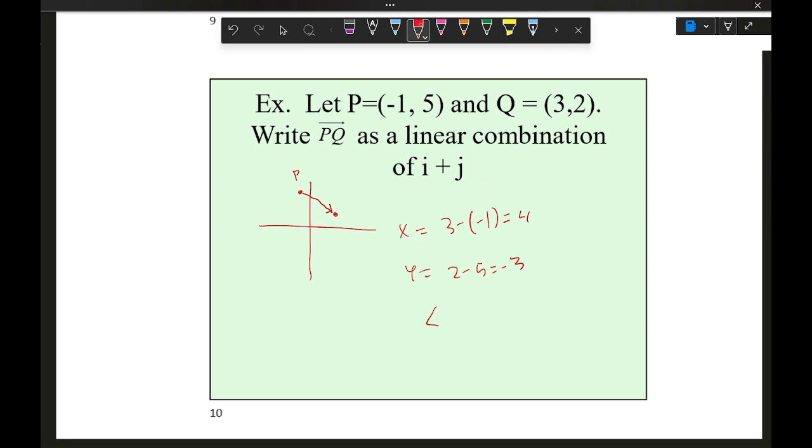So the vector is 4 comma -3, and in terms of i and j, we write that as PQ equals 4i minus 3j.